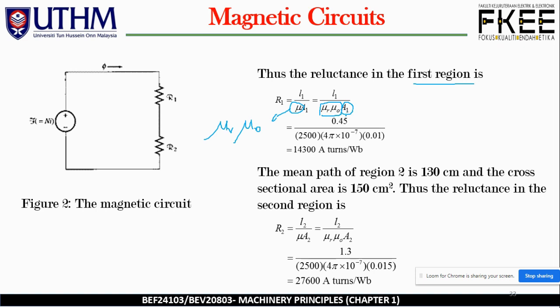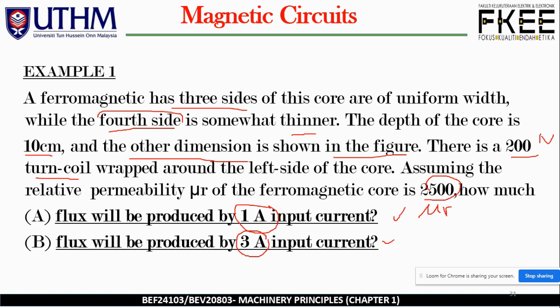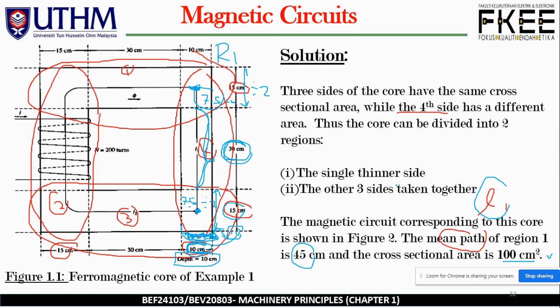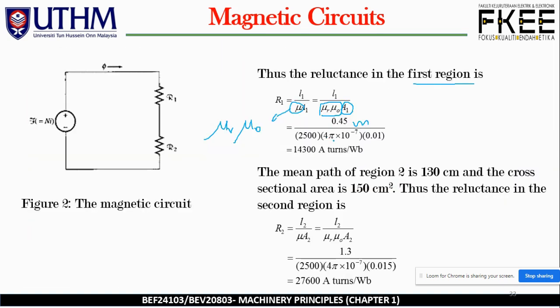L1 is 45 centimeter, converted to meter, which is 0.45 meter. 2500 is the mu R, the relative permeability given in the question, and then we have 4 pi times 10 to the power of -7, which is a constant value, the free space permeability mu naught.